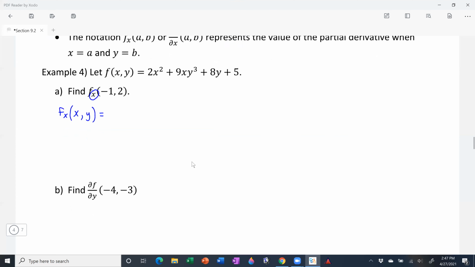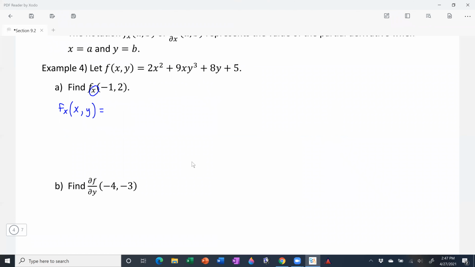We're going to treat x like the variable and y like a constant. So 2x squared, the derivative with respect to x is 4x. Plus, be real careful here, x is the variable and this y cubed and the 9, all of that is a constant. The derivative of a constant times x is just the constant, so the x is gone.